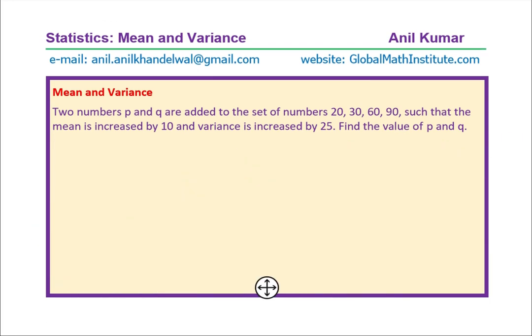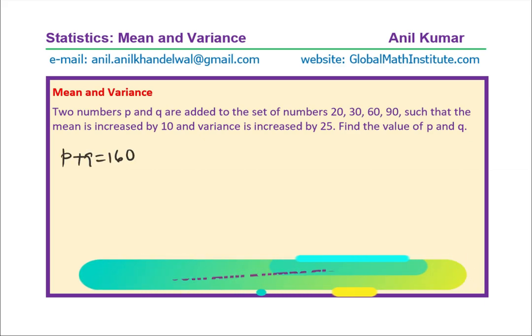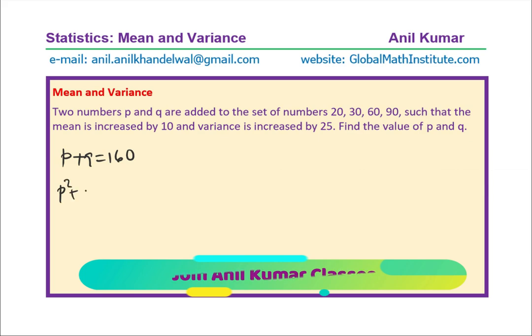So what we have found so far is p plus q is 160. P square plus q square is equal to 13250. And if we rearrange, we can find that the product p times q is equal to 6175, right?